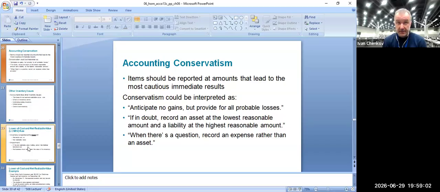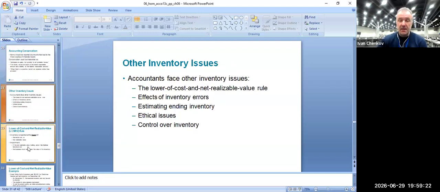But if we see losses, we're going to record those losses. Every time we have doubt about the cost of our inventory, we're always going to report it at the lowest possible cost. That's part of conservatism in accounting.